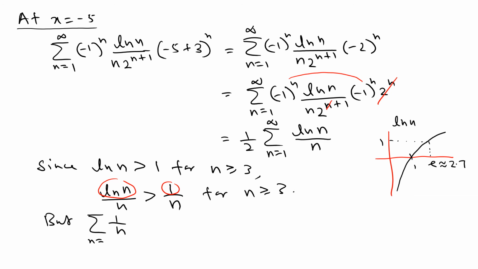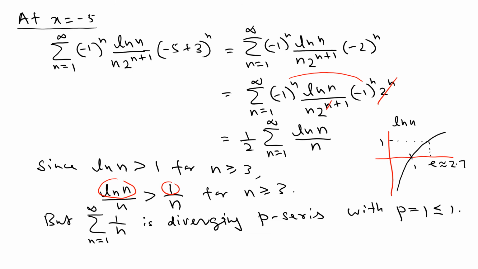So you can still have 1, but this is a diverging p-series with p equal to 1.